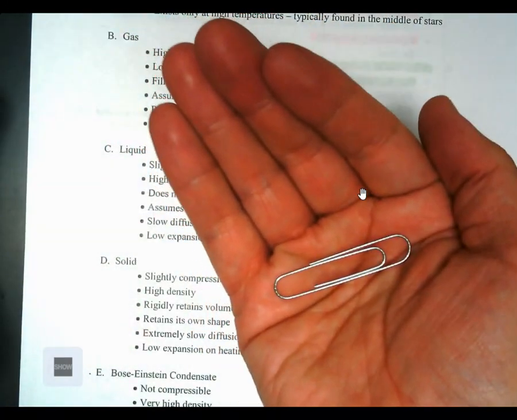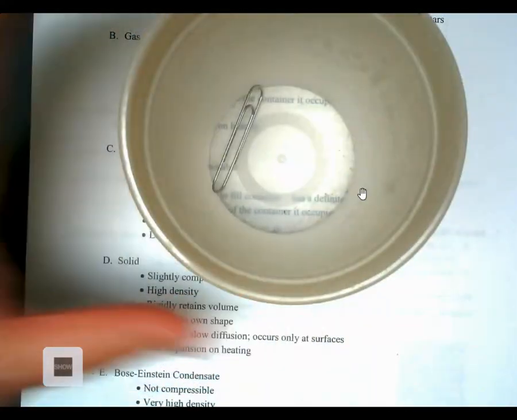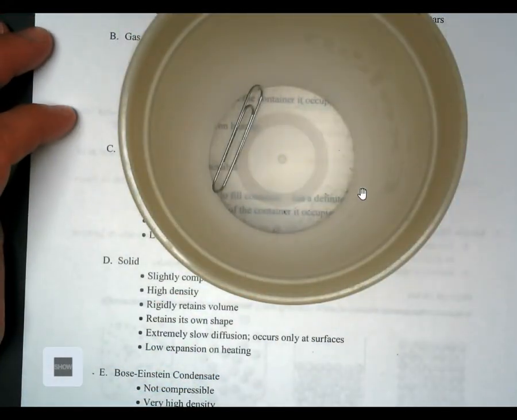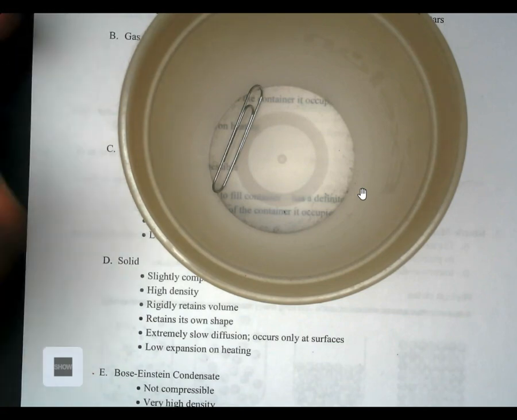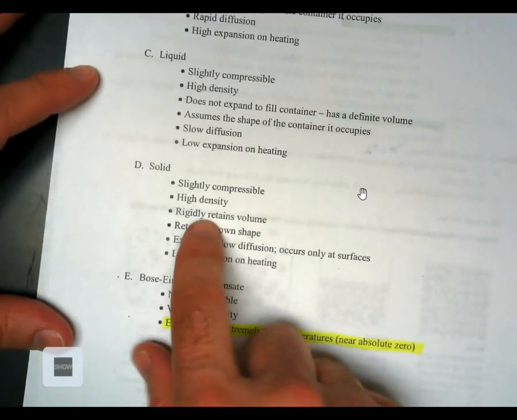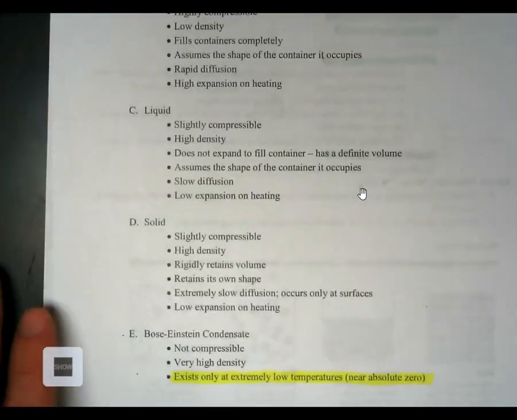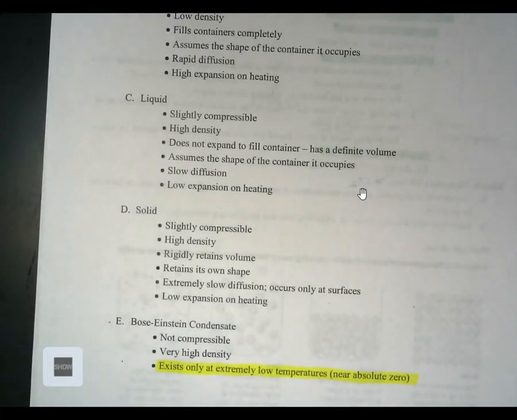It doesn't change. If I take it from my hand and put it in this cup, does that change the size or volume it takes up? No, it stays the same. So a solid retains its volume and its own shape. Neither the volume nor the shape changes based on the container.